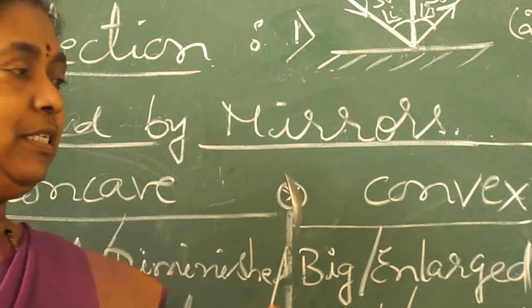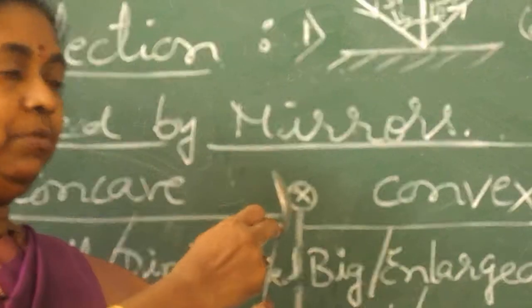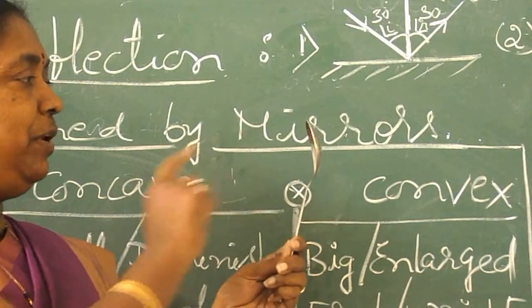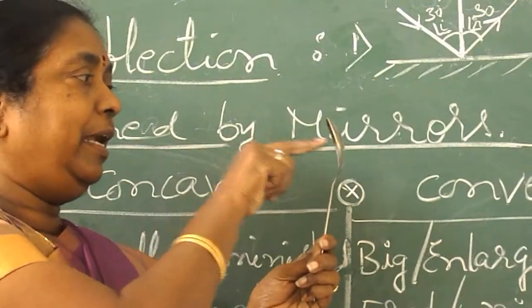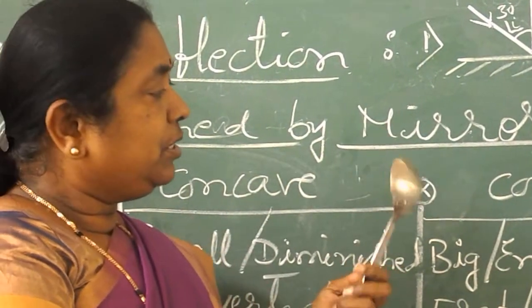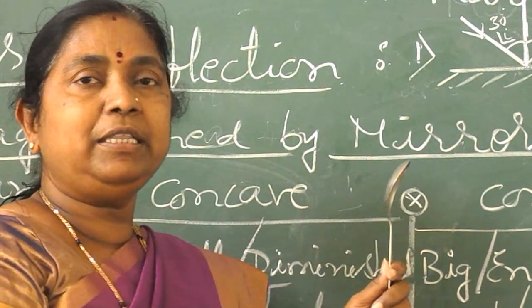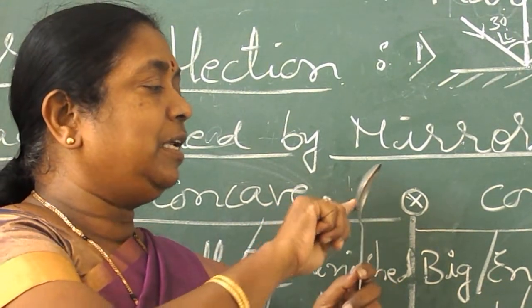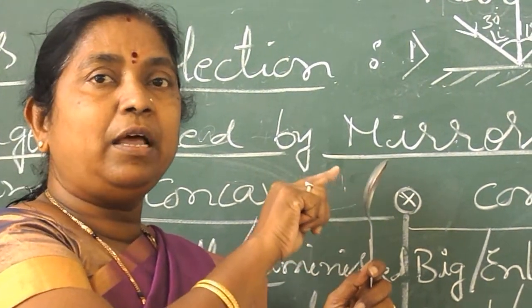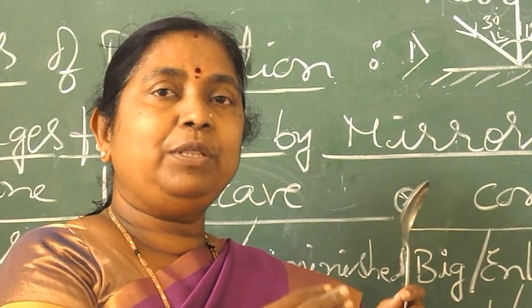We call it concave because the light rays fall on the interior part of the spoon and reflection takes place. Opposite to that, the bulged part is the convex surface. Now let us see how the mirrors reflect.